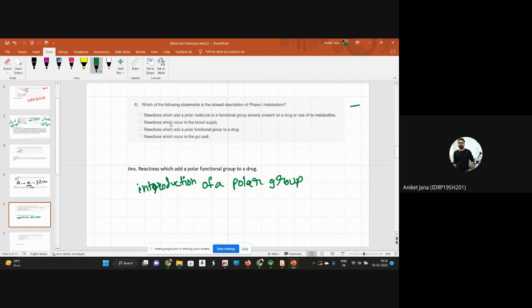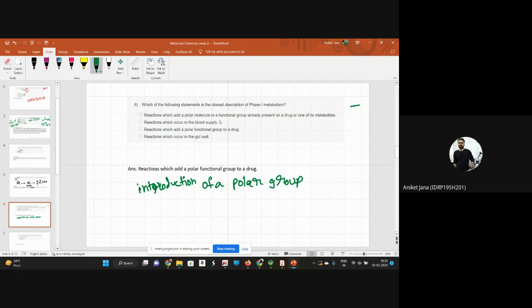Okay, in the second option, it is saying reactions which occur in the blood supply.